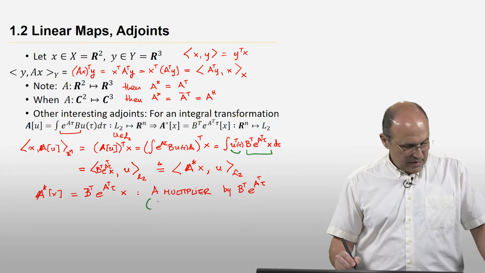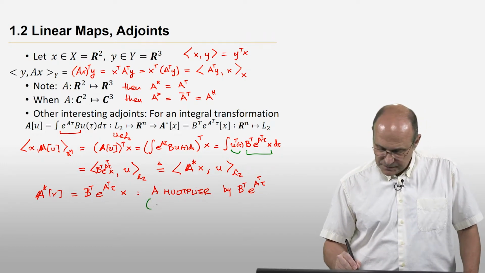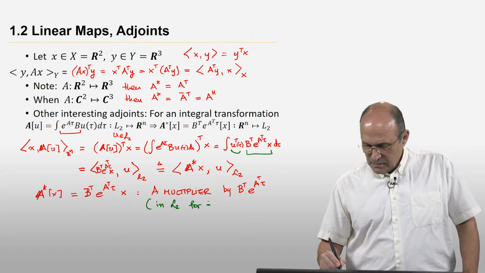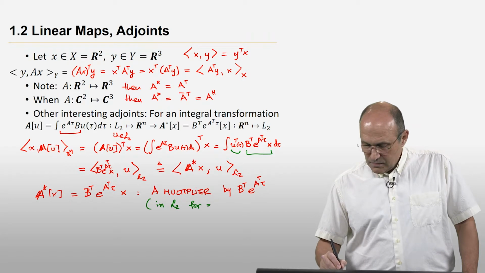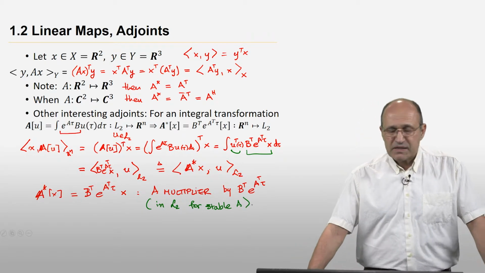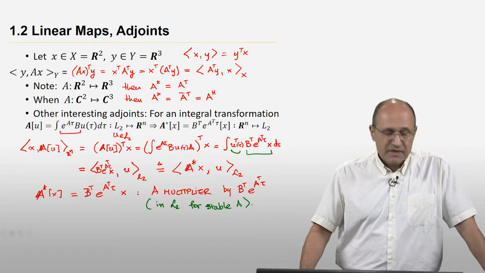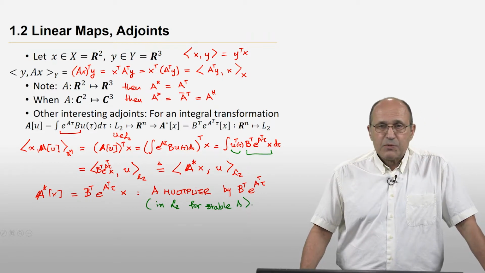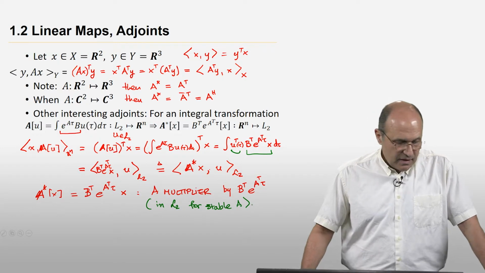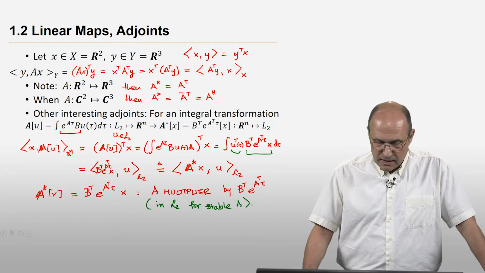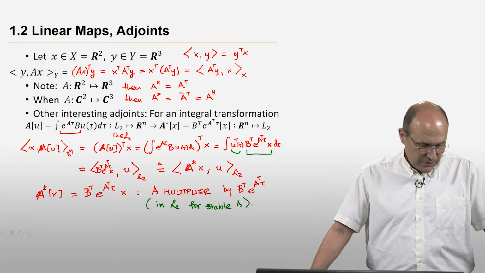Now this is in L2, for stable matrices A that have eigenvalues in the left half plane, but that is rather a detail at this point. It's a technical issue. We don't have to worry about it right now for the development that we do.